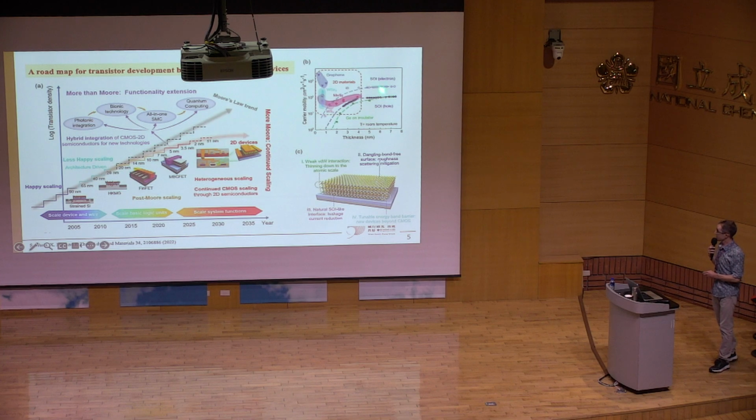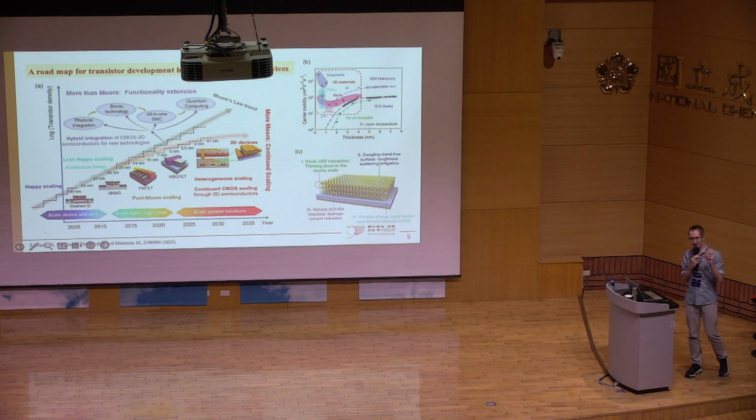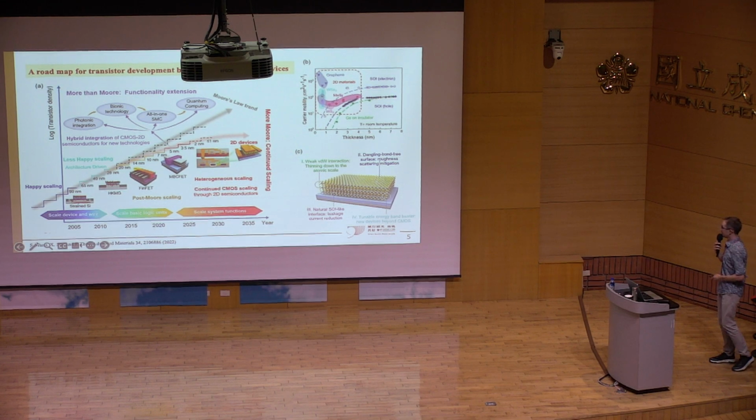Whereas in two-dimensional materials, which is this group of materials up here, even in the monolayer limit, so just one atom thick, that's the thinnest material that you could possibly make, you still retain a good enough carrier mobility, or I should say a much better carrier mobility compared to silicon, which allows you to continue to make these efficient transistors.